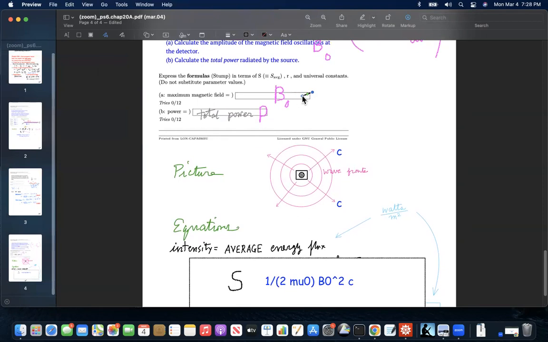So B0 is equal to the square root of, I have to multiply both sides of the equation by 2 mu 0, so 2 mu 0 S in vacuum, divided by c.